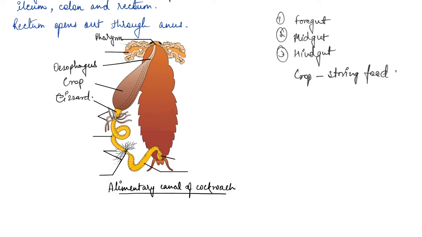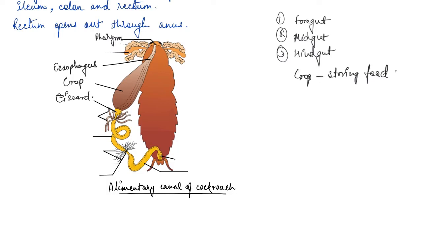This gizzard has an outer layer of thick circular muscles, and then a thick inner cuticle as well. These together form six highly chitinous plates, and these plates are known as teeth. So basically, gizzard helps in grinding the food particles.